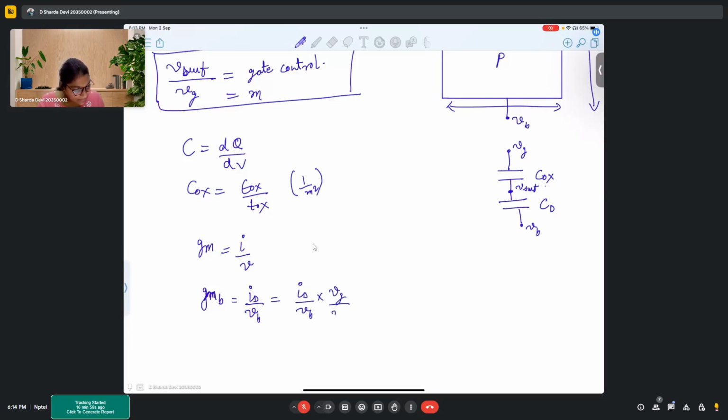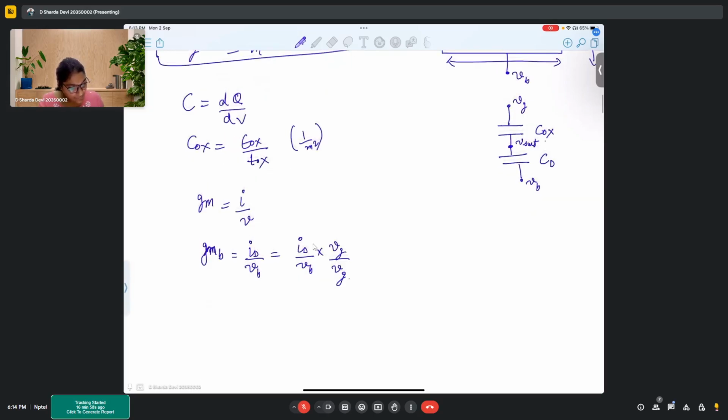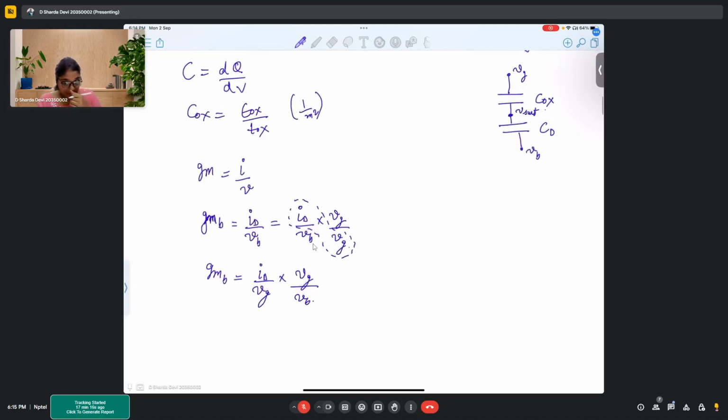Multiplying and dividing with VG, what we find is GMB is ID upon VG into VG upon VB. So this ID upon VG is GM into VG upon VB.